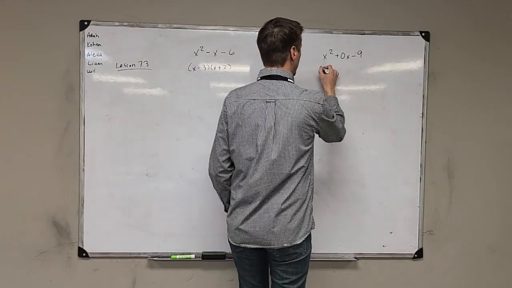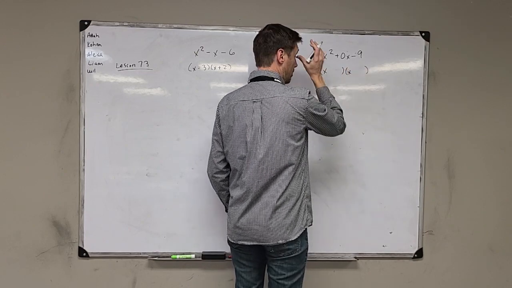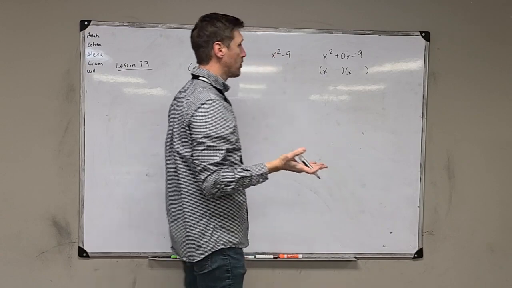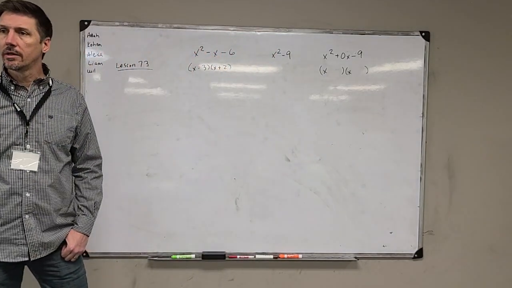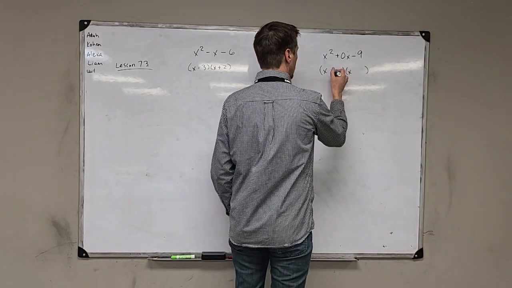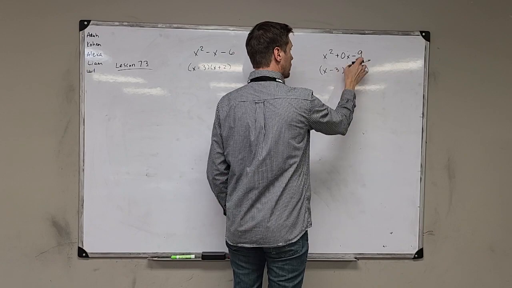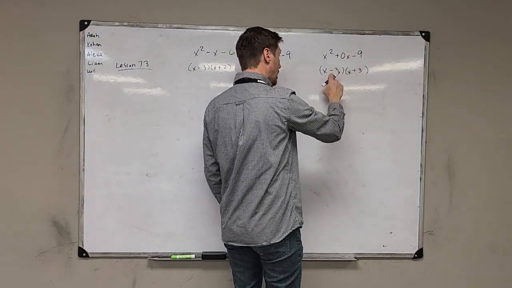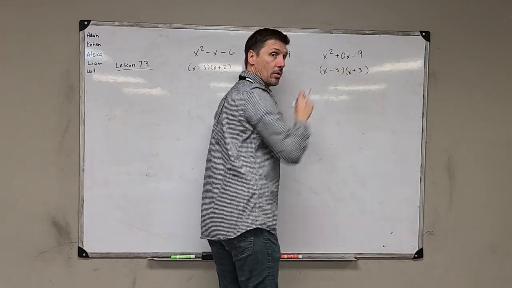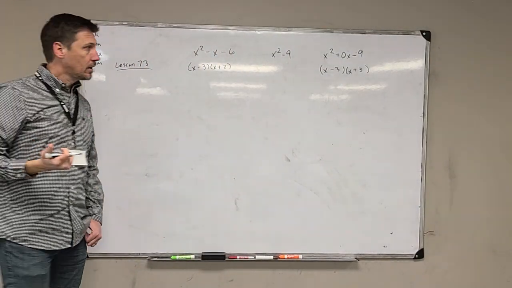You can factor that, right? You would say that's x, x. The factors, we're going to have to use the factors of 3. All right, 3 times 3, not 9 times 1. And so does everybody see that if I did a minus 3 and a plus 3 here, negative 3 times positive 3 gives me the negative 9, and negative 3 plus 3 gives me the 0. So that would be that factor.